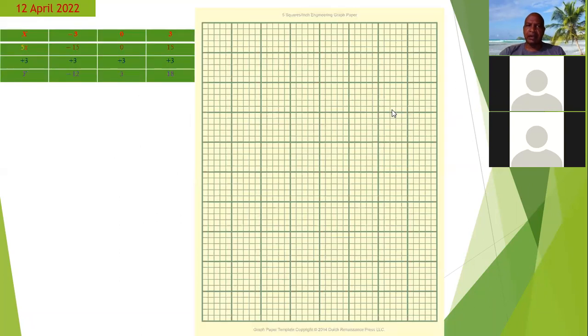All right, so here, if we are going to plot our graph now, we need first and foremost to draw our x and y axis, but we have to do so in relation to this scale. So for the x axis, we look at our x values.